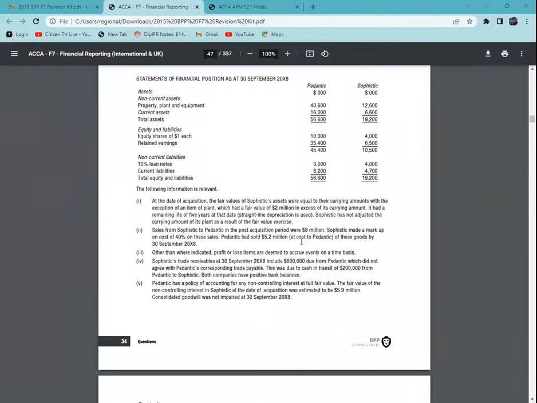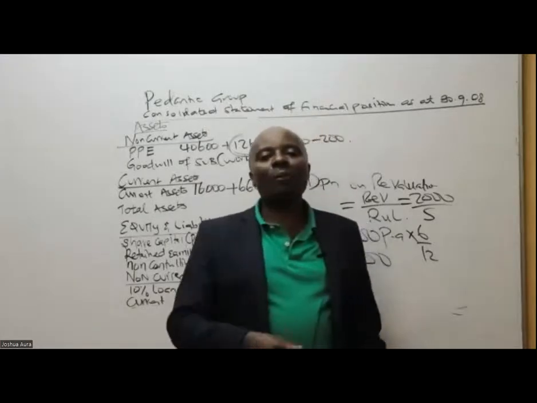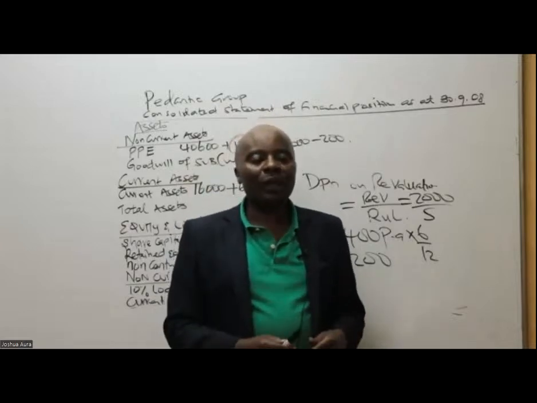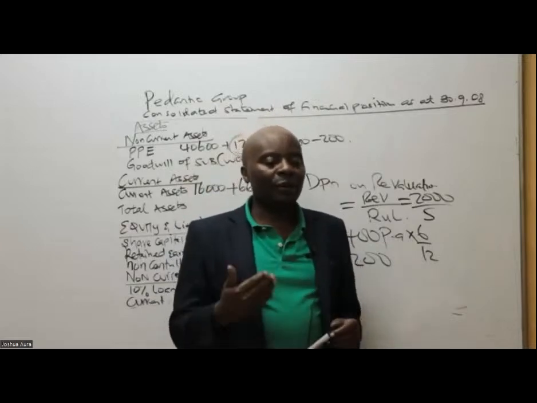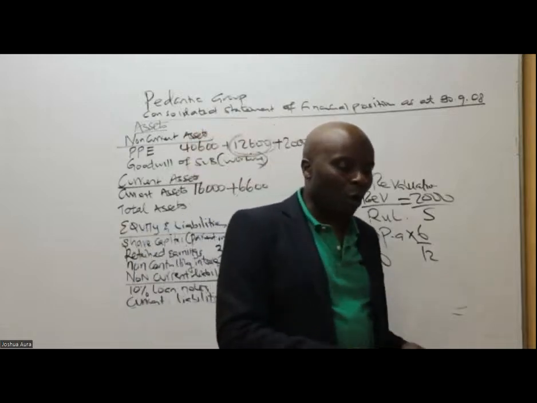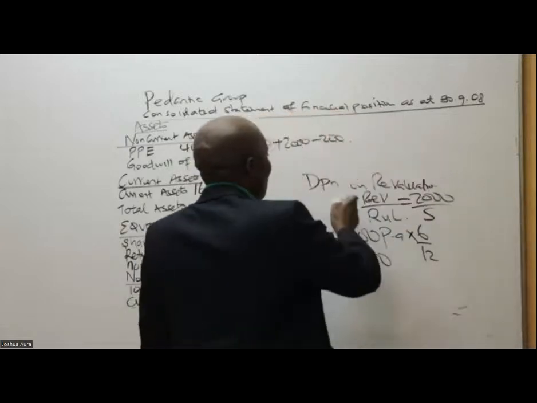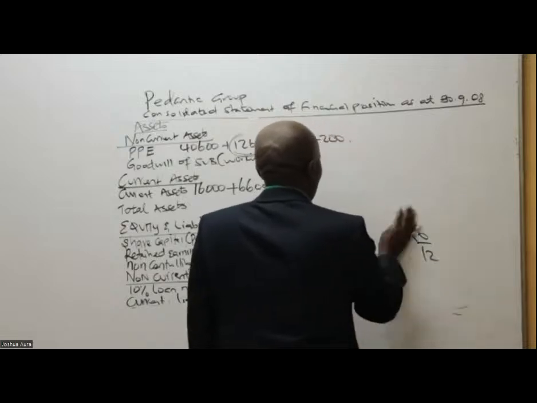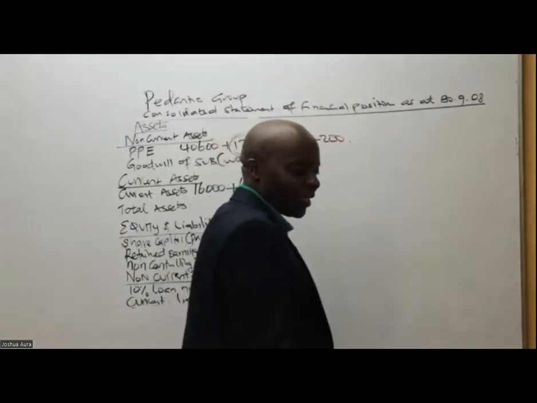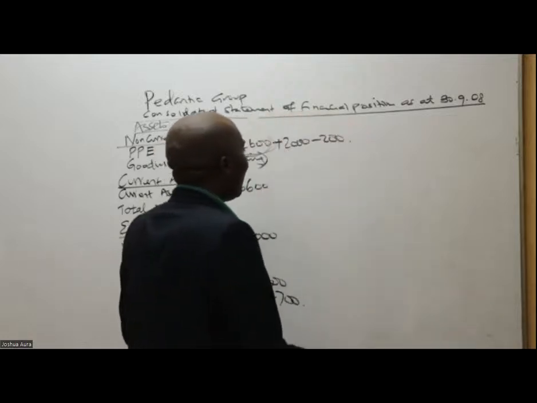We are told sophistic made a markup on cost of 40%. In a group consolidation, when I see the word markup, I should know that markup is an enemy of progress. Whenever I see markup, I can see some low-hanging fruit; this examiner will give me some marks there.